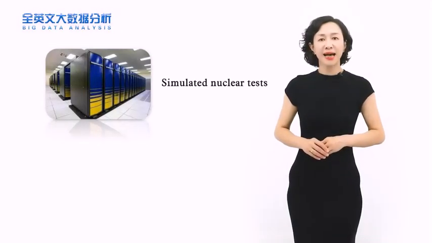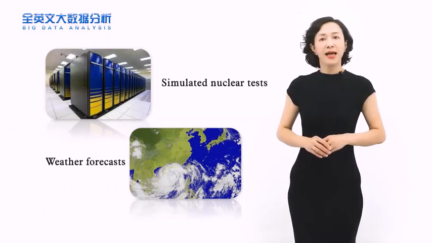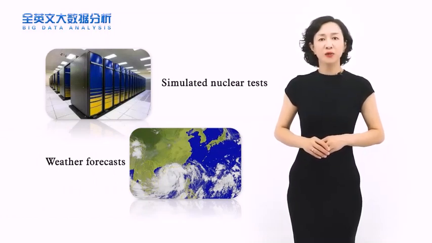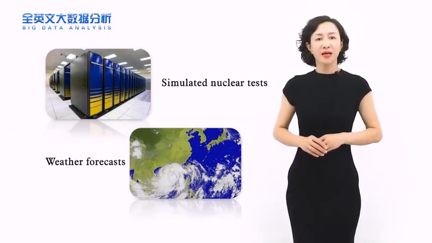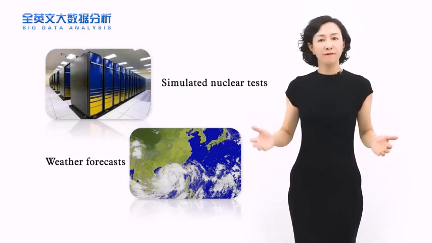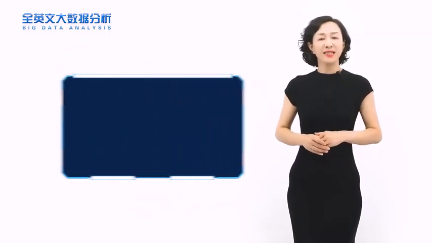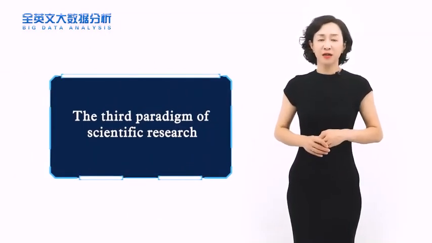Typical cases include simulated nuclear tests and weather forecasts. As computer simulation increasingly replaces experiments, it has gradually become a conventional method of scientific research, which is the third paradigm of scientific research.